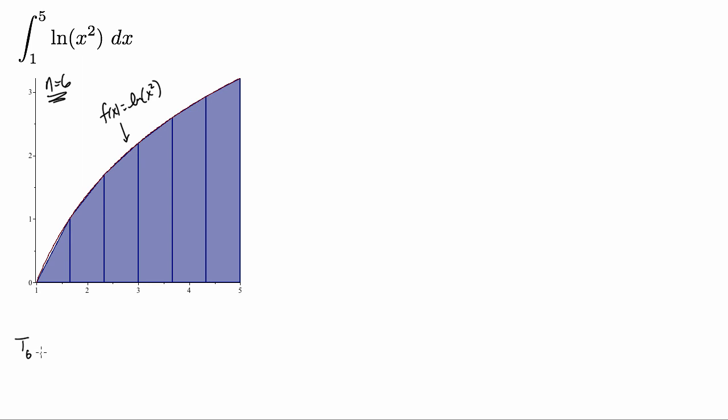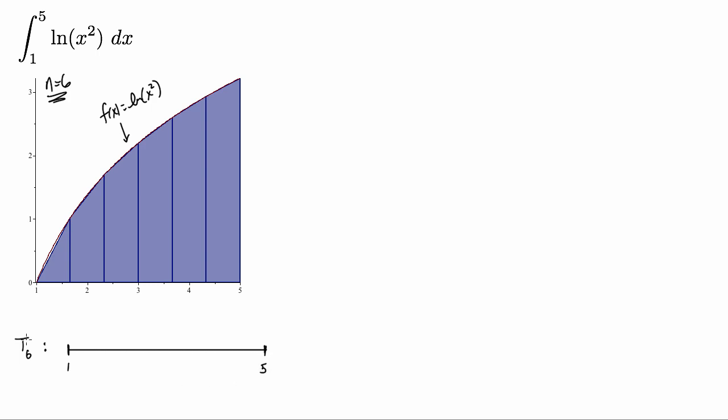Now, in order to find T6, one of the things that you probably want to get used to doing is creating a sort of timeline that mimics the one that we're looking at here. So this is starting at 1 and we're going to end at 5.